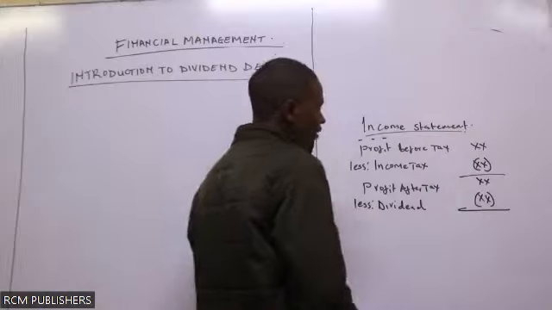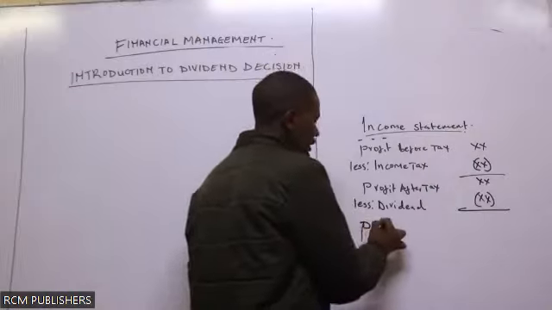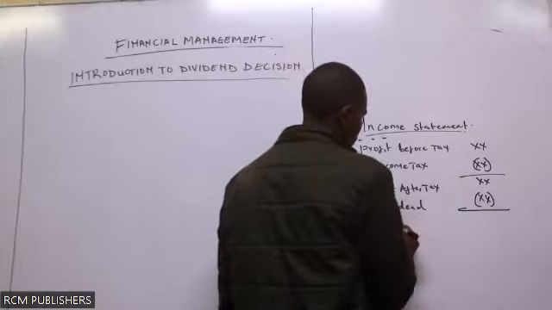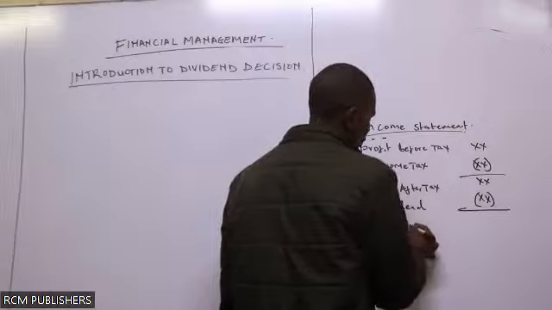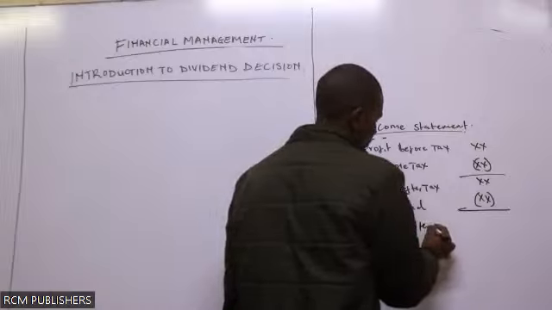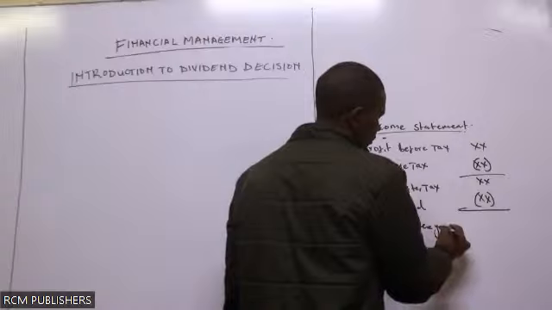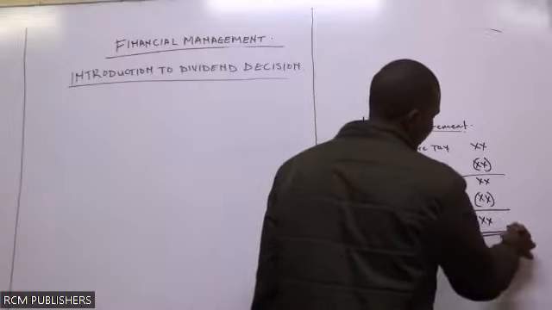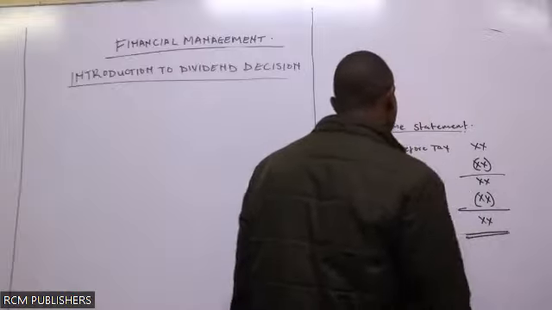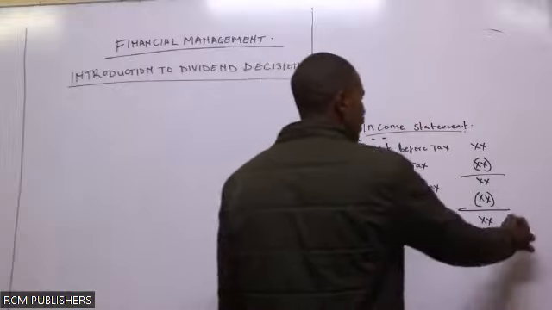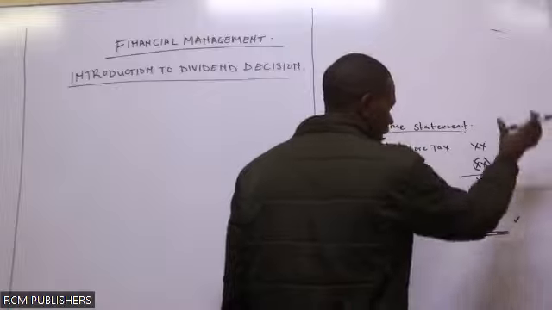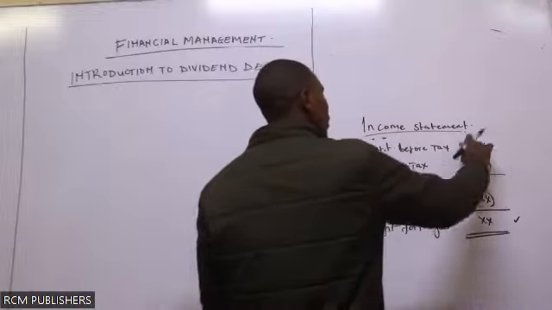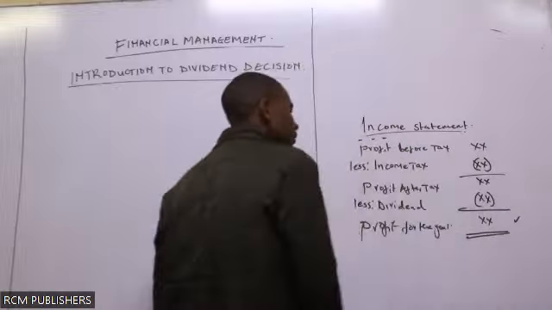Now, after you less dividend, here is the profit for the year, or retained profit. This is what the company itself is left with, after paying all its expenses and deductions.